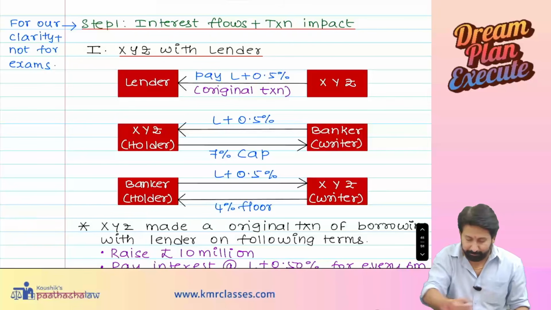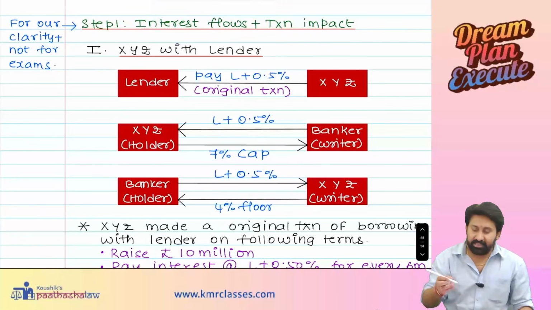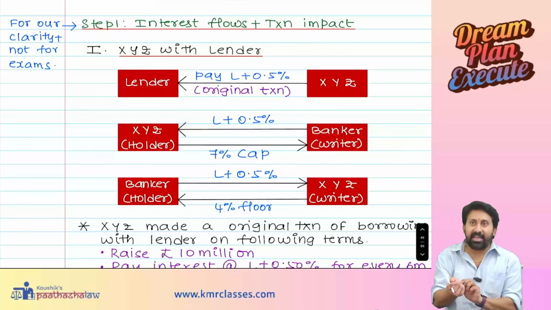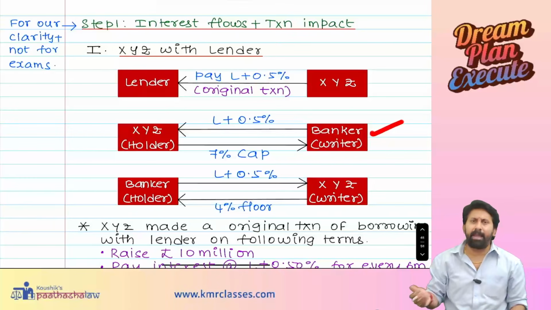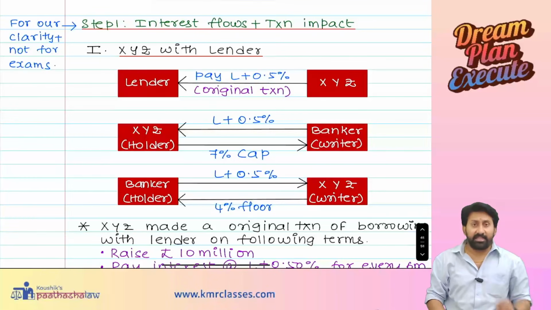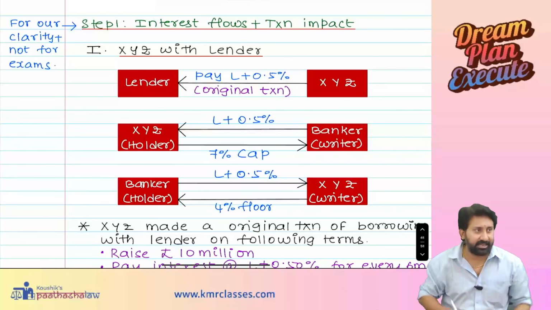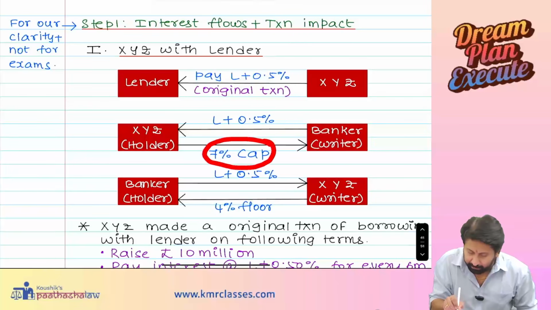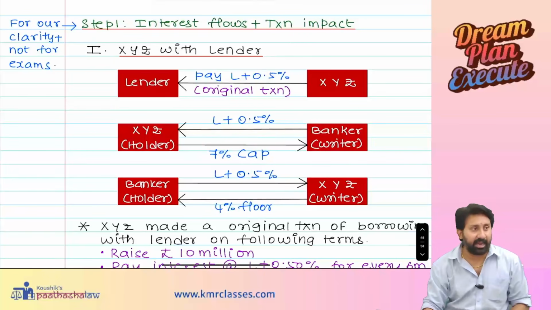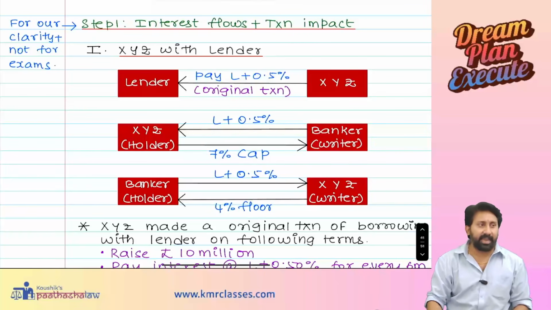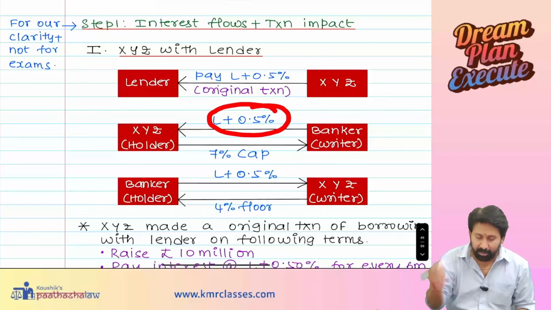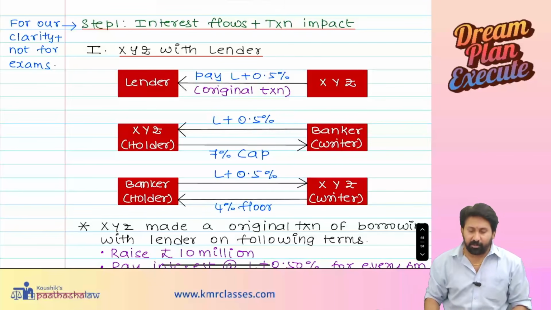Listen carefully. There is a writer, let us say a banker. This person is ready to swap the transaction now. What we have done is, I said I will buy a 7% cap in exchange for LIBOR.